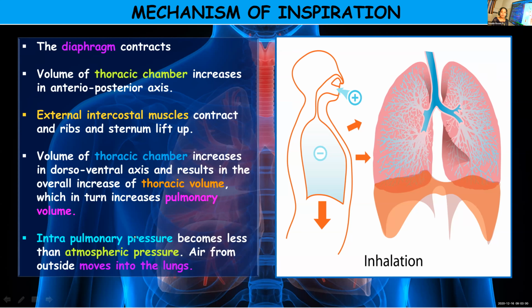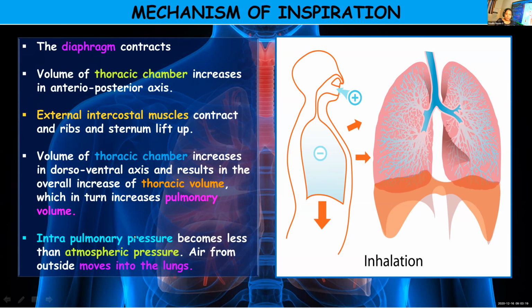I told you in the beginning, any change in the thoracic volume will affect the volume of the pulmonary cavity also. So when the thoracic volume increases, that results in an increase in the pulmonary volume.